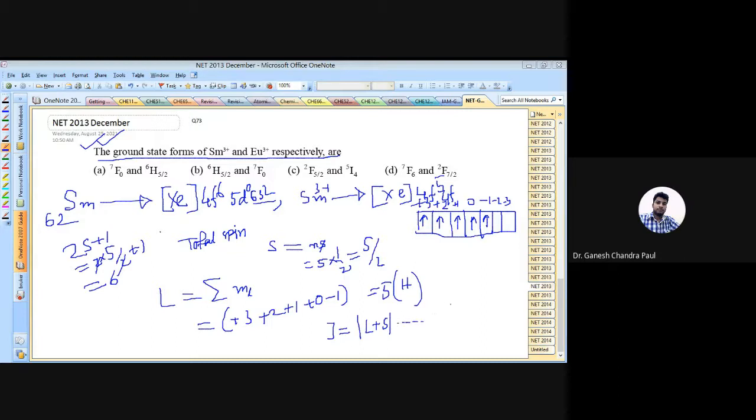Now as it is less than half filled, if you put the values here, the L value is 5, so 5 plus the S value 5 by 2, up to 5 minus 5 by 2.